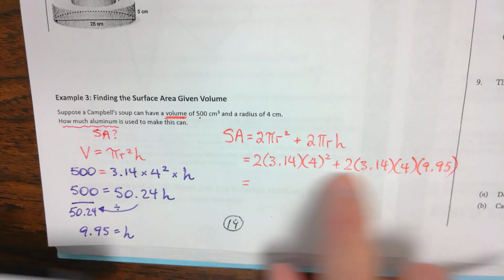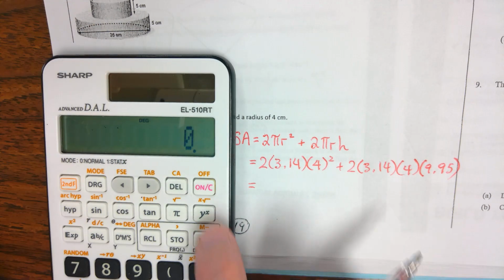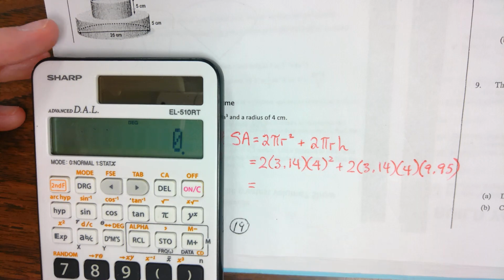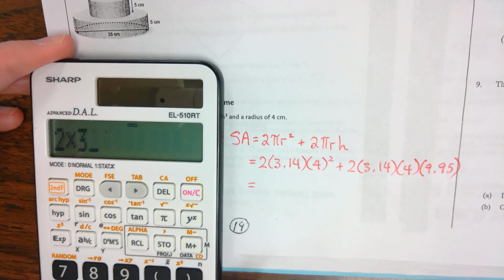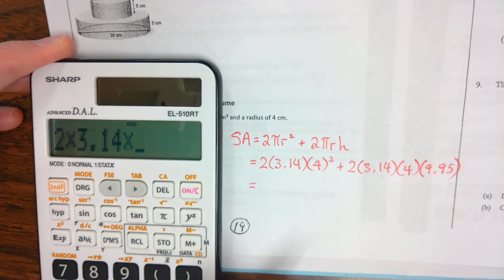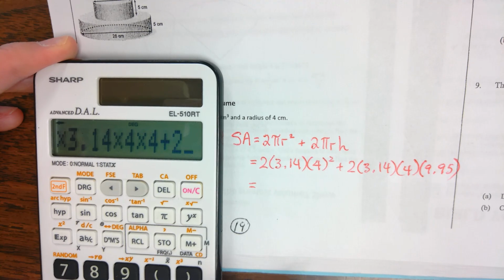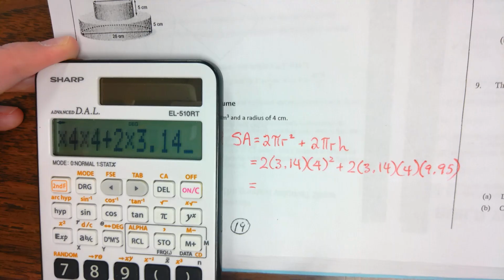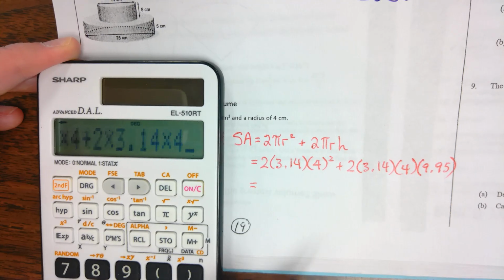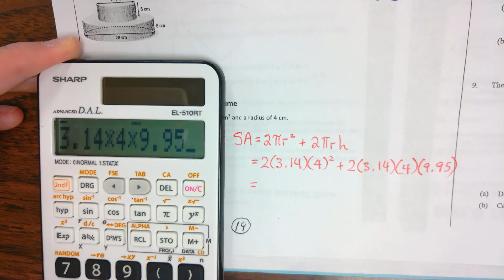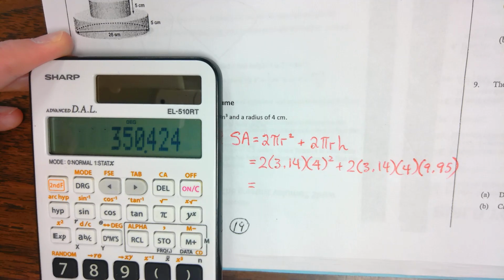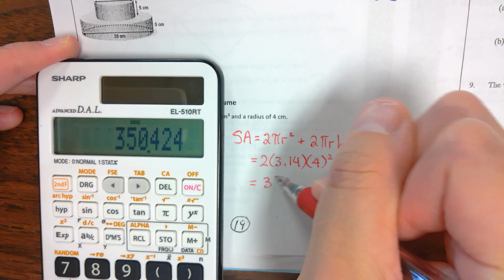Put this all in the calculator. That's why I don't think this test is hard, because you're given the formula, you're given a calculator, you're just telling the calculator what to do, the hard work for you. Okay, so 2 times 3.14 times 4 times 9.95. Okay, and I get my answer 350.